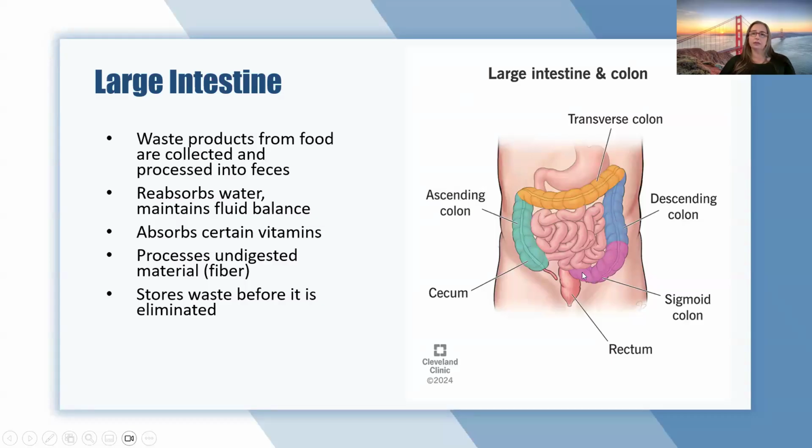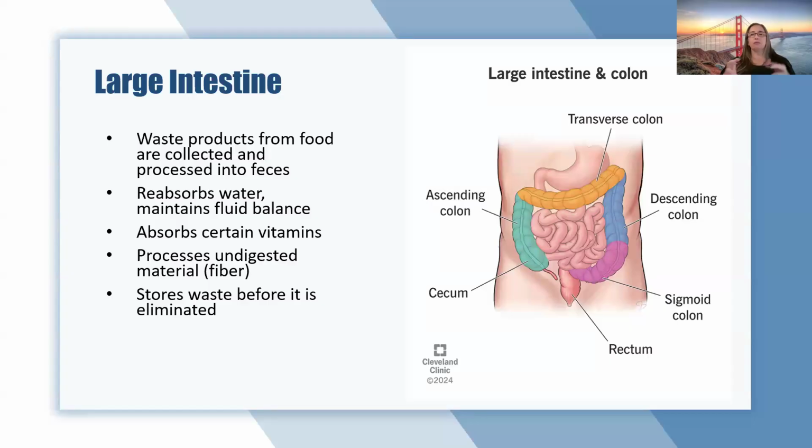Then there's the sigmoid colon, which is the part of the colon where the stool really becomes the most solid and formed and ready to be expelled. And then the rectum, which is very involved in the process of having a bowel movement. In the large intestine, waste products from food are collected and processed and turned into feces.